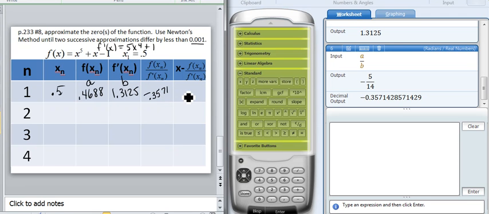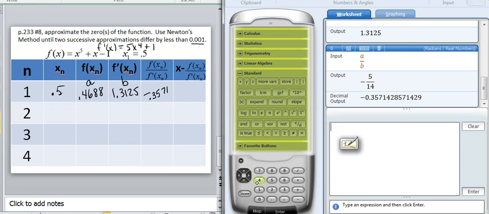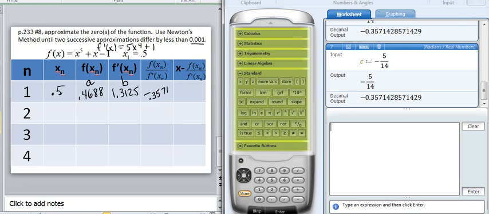Again, I'm going to store this. This time I'm going to store that as letter C. So store as C. It does convert it to a fraction for me. That's fine. Your calculator may leave it as a decimal. That's fine as well.